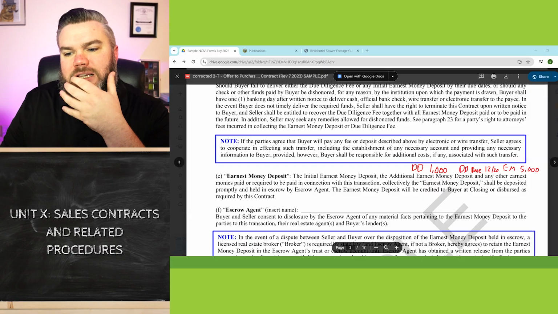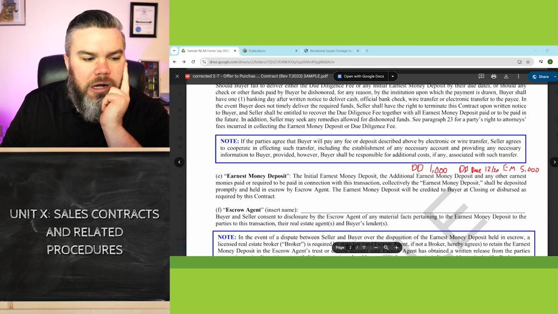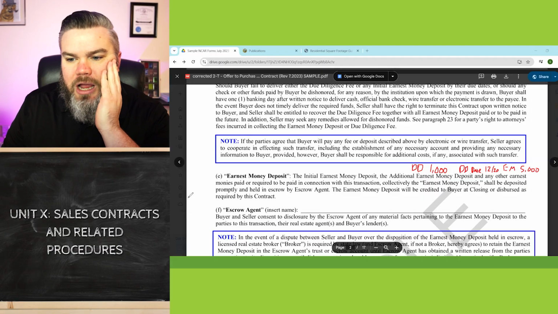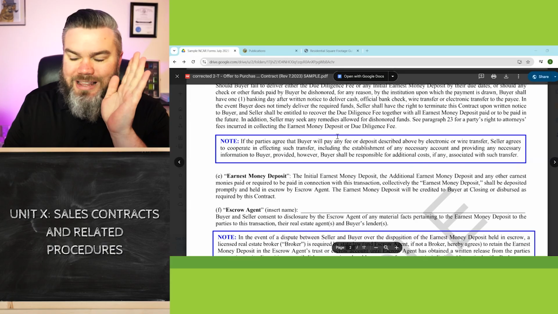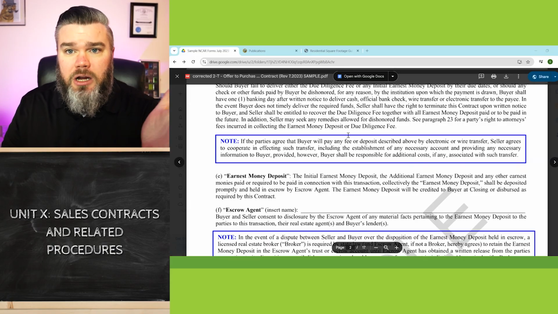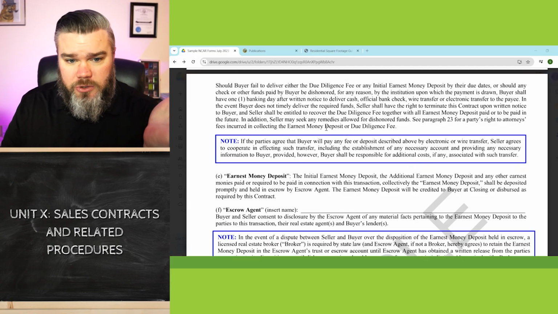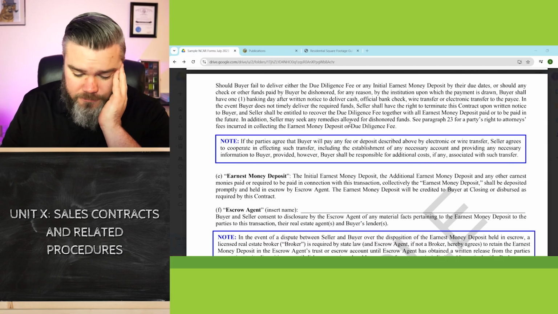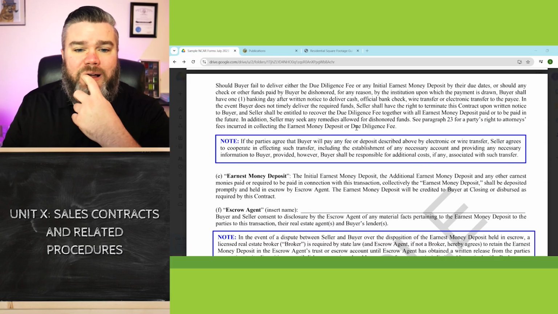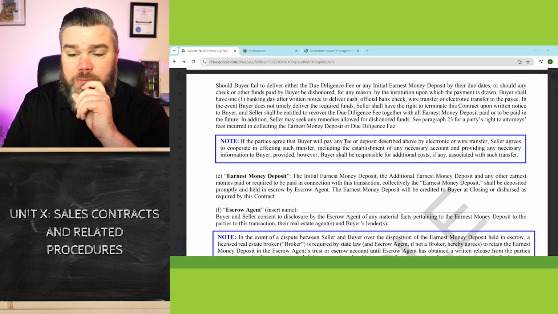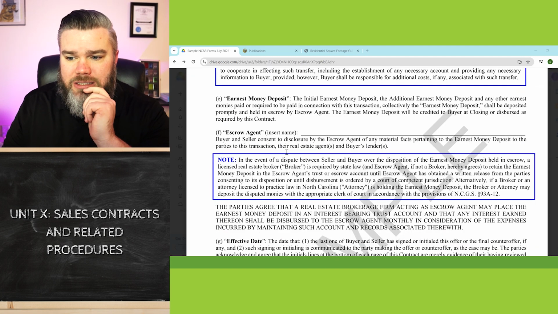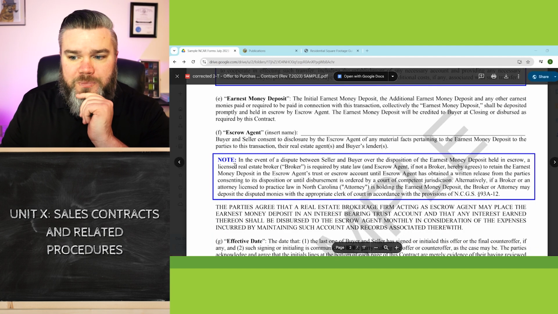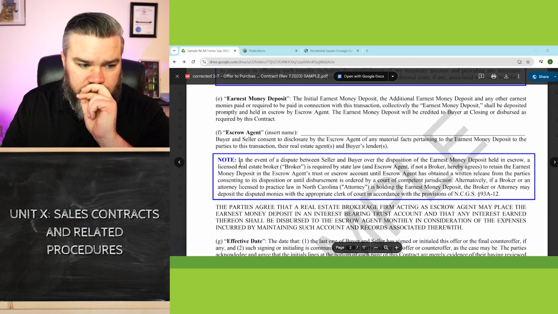So let me explain something else before we get into a little more of the nitty-gritty, folks. I already told you that this contract is exceptionally clear on what happens to the due diligence and the earnest money under most circumstances. However, an extremely testable aspect of the earnest money deposit is this note right here.